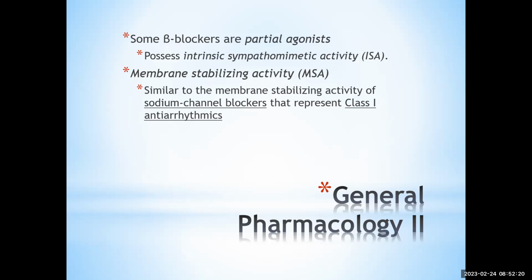These particular ones with partial agonist activity have intrinsic sympathomimetic activity, ISA. Mind you, ISA is not full sympathomimetic activity, it's partial. But they have some activity, therefore they will not cause nearly as much sympathoplegia as the other beta blockers.